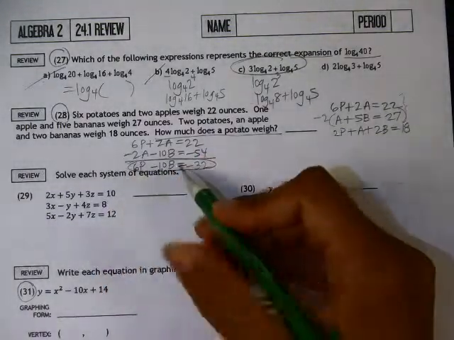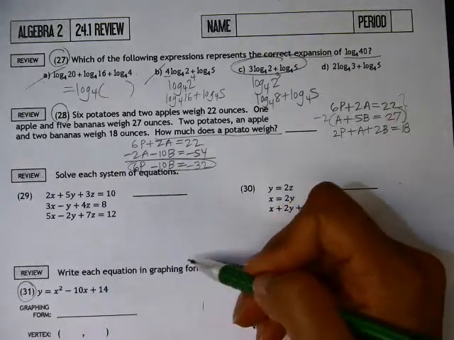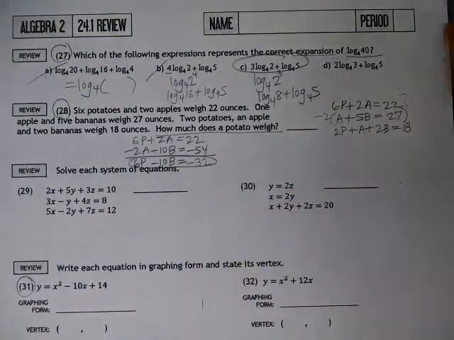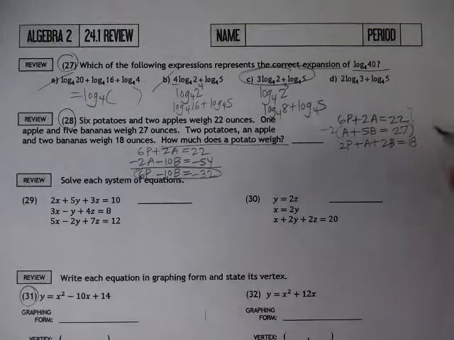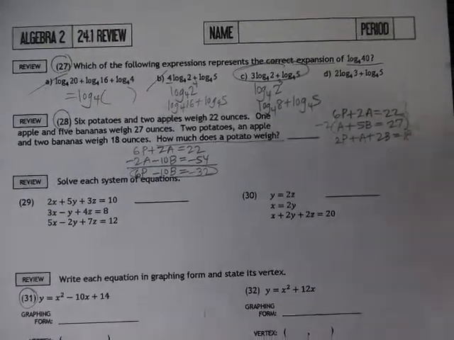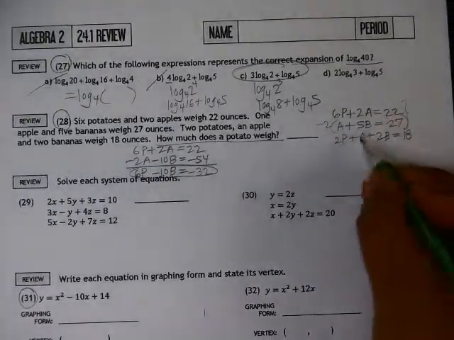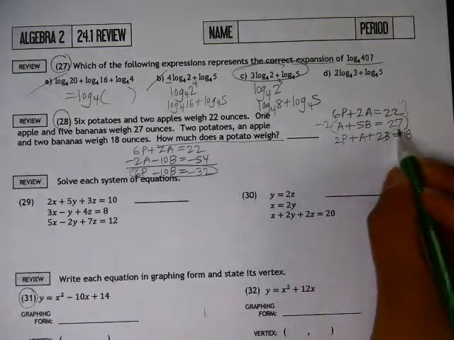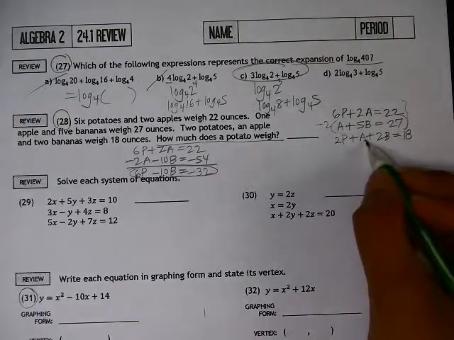Now that I've eliminated the A, I can do the same thing by combining a different pair of equations. So for example, if I take the second 2 equations, I would need to multiply this equation by a -1 this time so that it cancels with this.